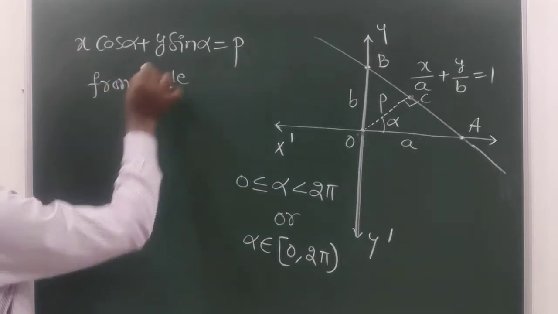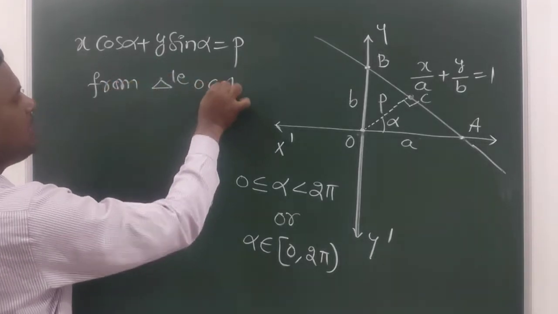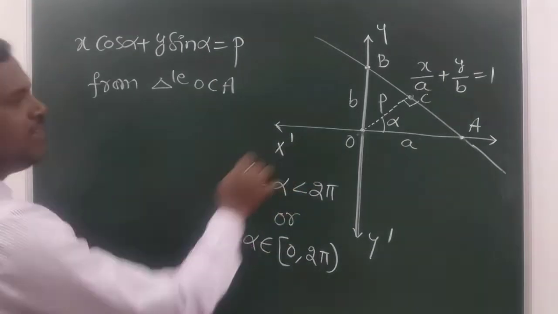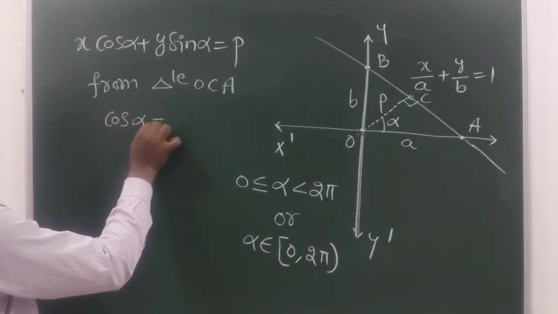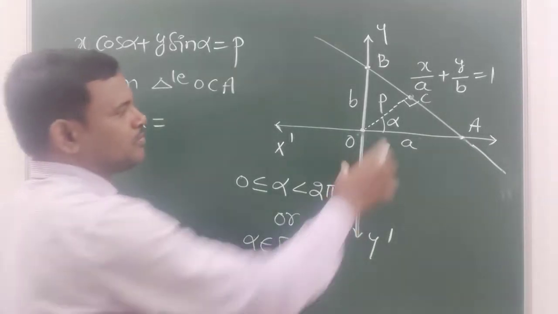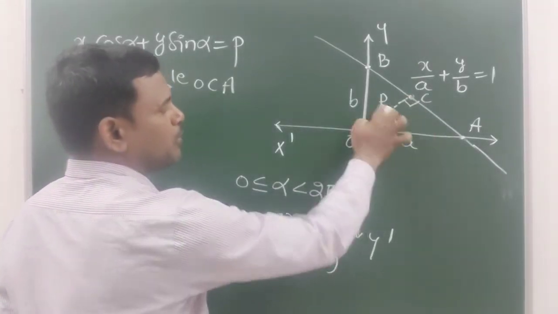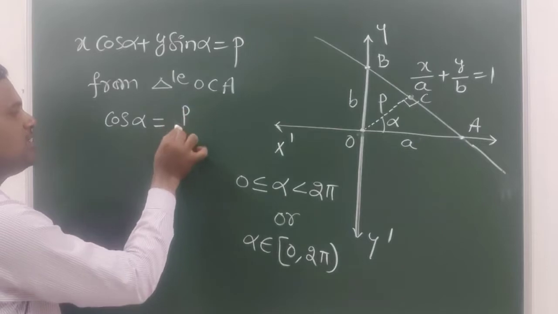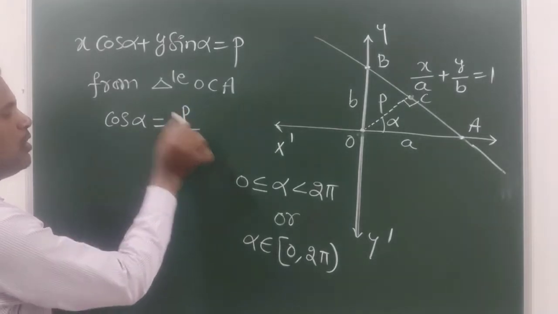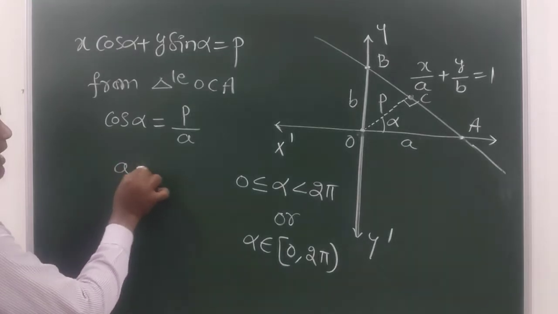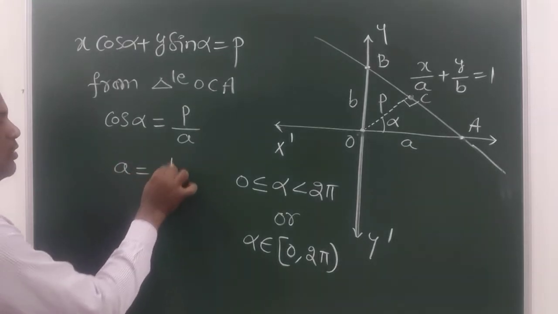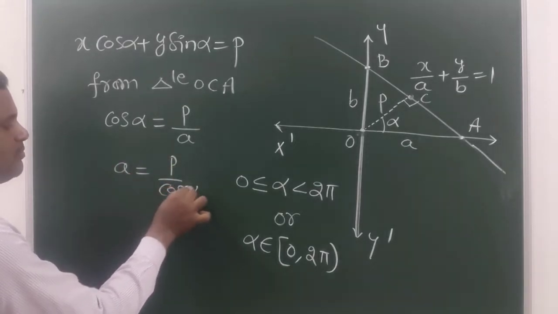From triangle OCA, define cos alpha. You know cos alpha is adjacent by hypotenuse. Here the adjacent length is p, the hypotenuse length is small a. Make a the subject, and you get a is equal to p by cos alpha.